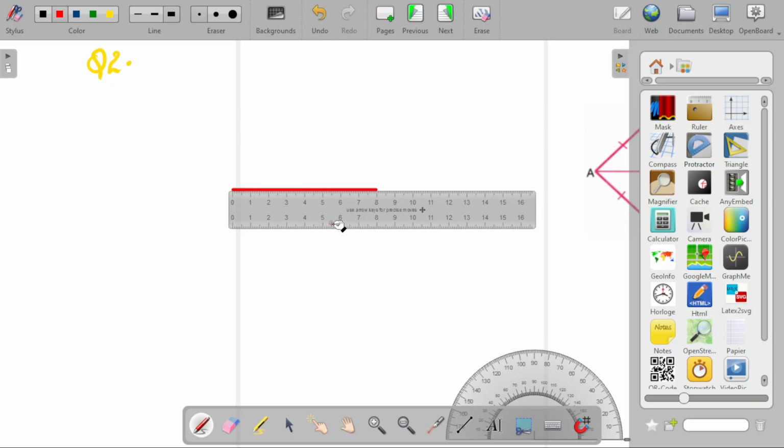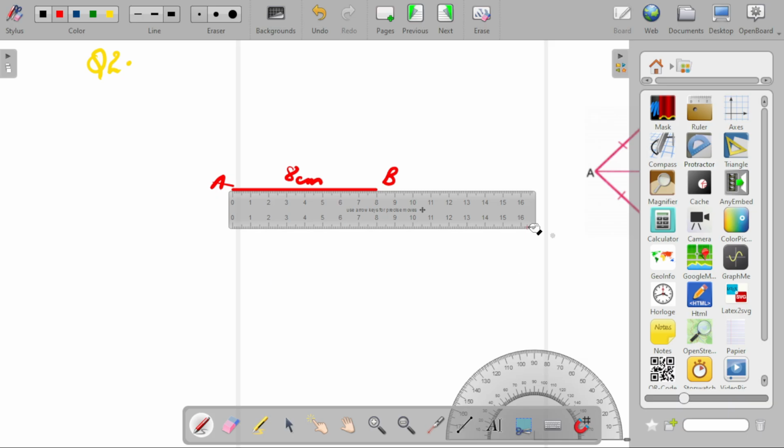As one of the diagonals is given, the line segment AB is of 8 centimeter. And now take a point P on the line AB and draw a perpendicular line to AB which is passing through P.